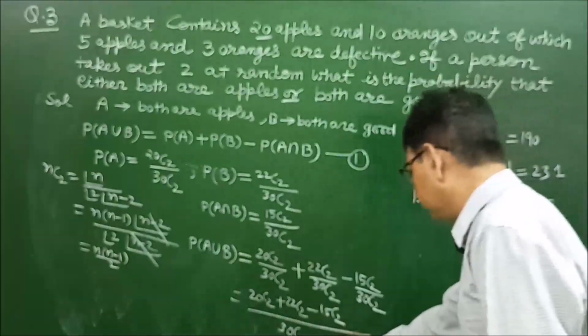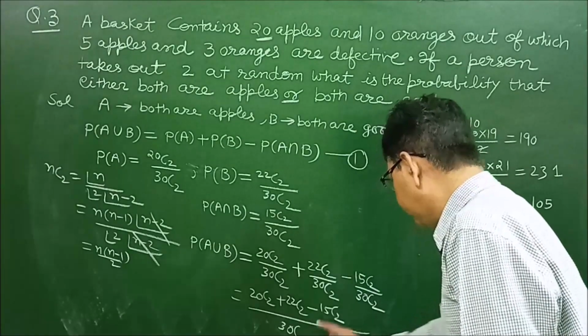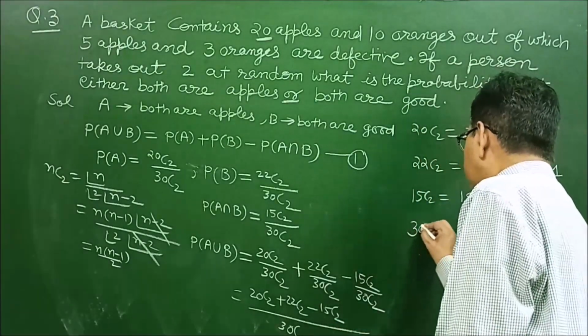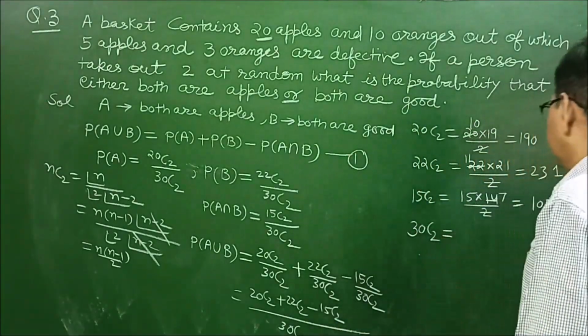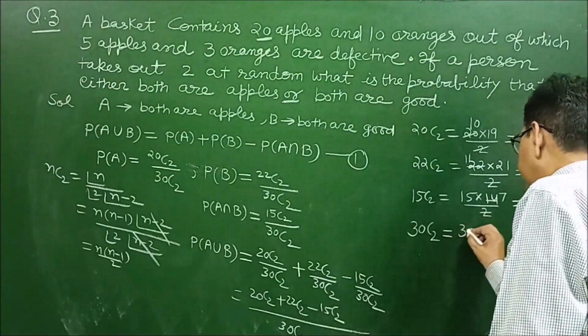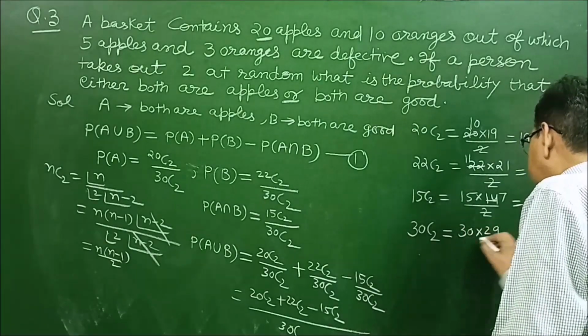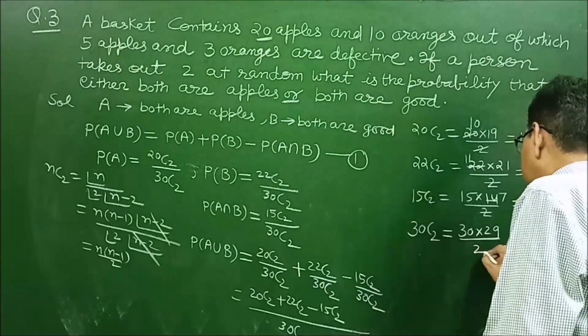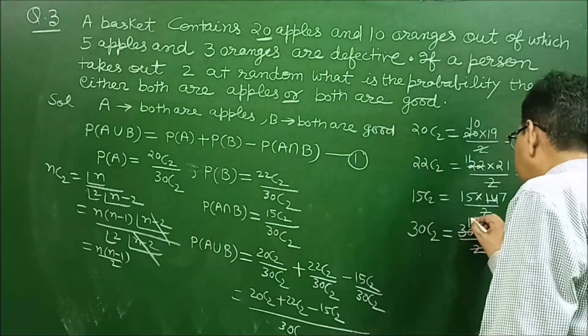Now the last value, that is the denominator, 30C2. 30C2 is equal to 30 into 29 upon 2, 15.